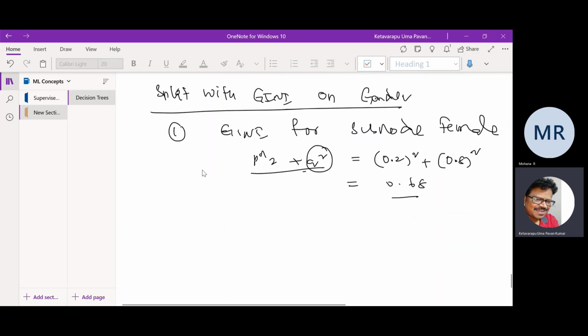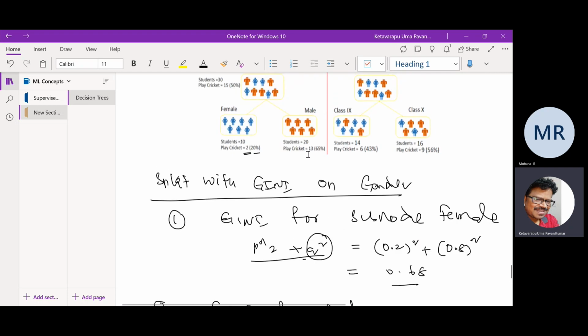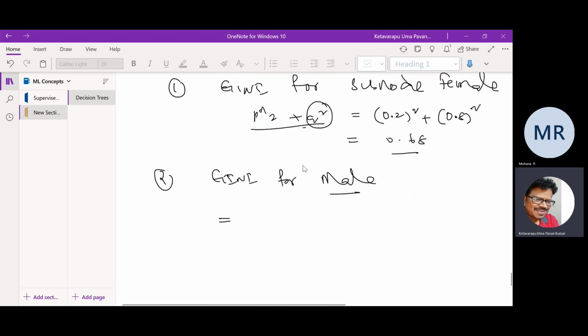Similarly, the second important thing is the Gini value for male. How do I calculate it? How many members are willing to play? Go to the male: observe, guys, 20 male students are there, 13 are willing to play the game. So 65 percent, so 0.65 whole square.